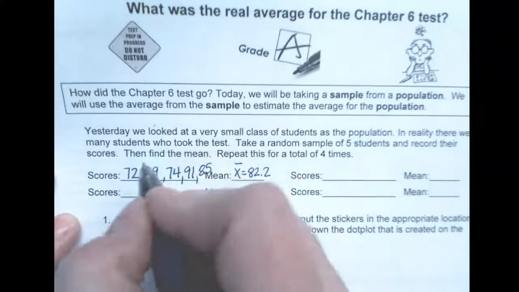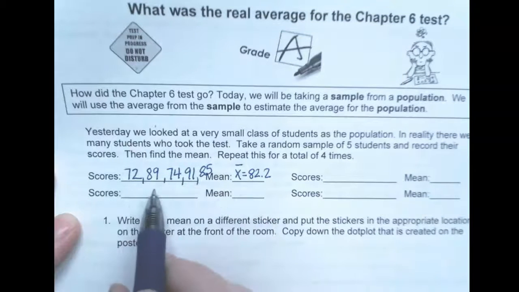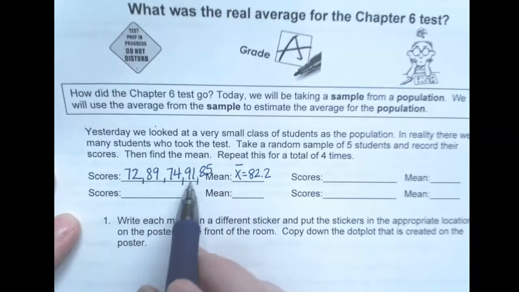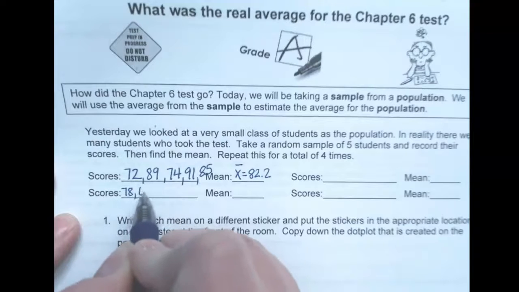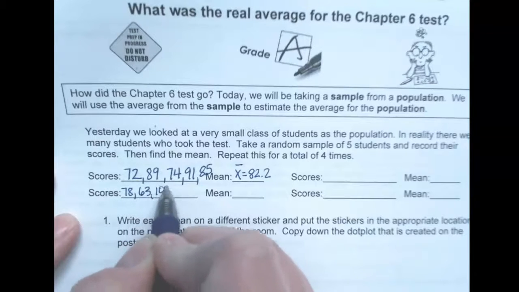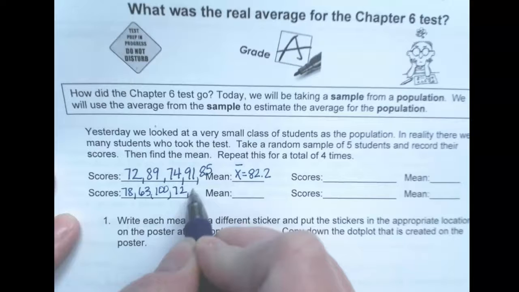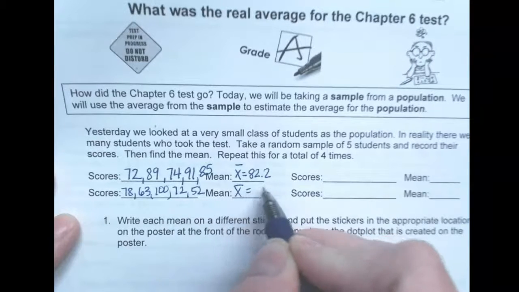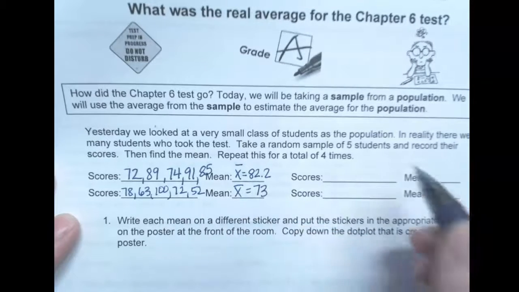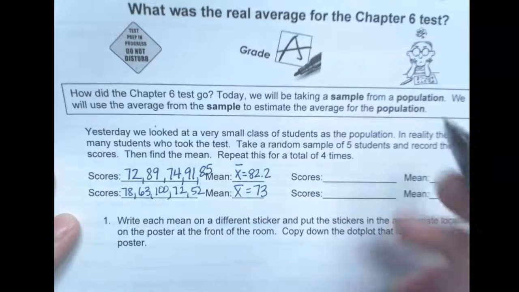All right, and then I repeated the same process. I picked 5 scores and found the mean. I'm going to get 5 more scores that I drew: 72 and 52, and when I calculated the mean, I got 73. And let me give you the other 2 sets.